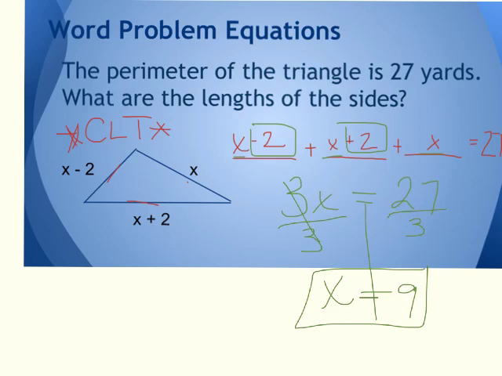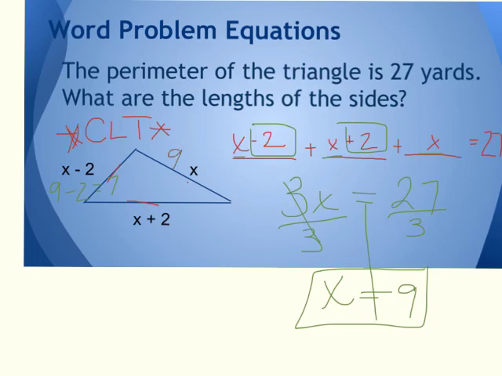Now, in a case like this, to check, we can plug it back into the picture. So let's do that. This would be 9 minus 2 equals 7, so this side here is 7 units. x by itself, this one is just 9.